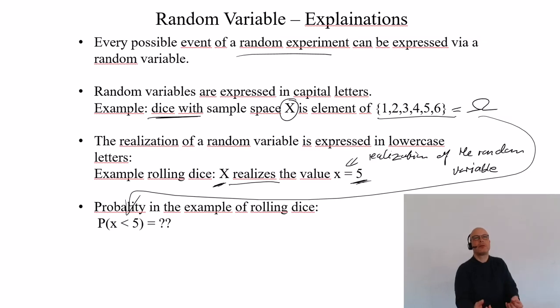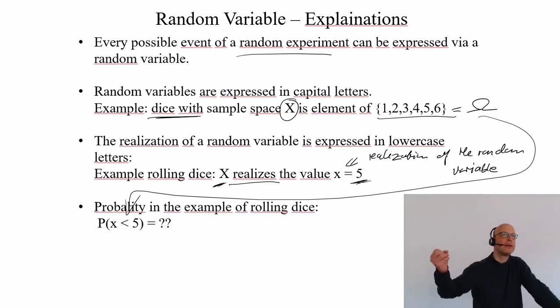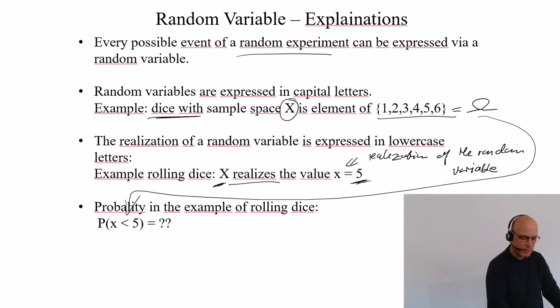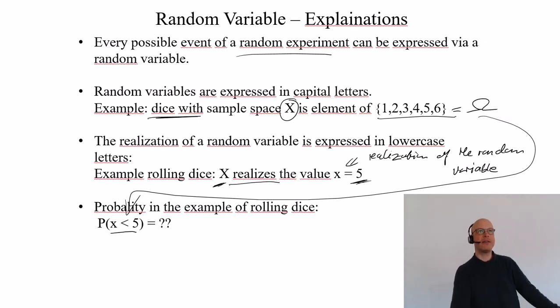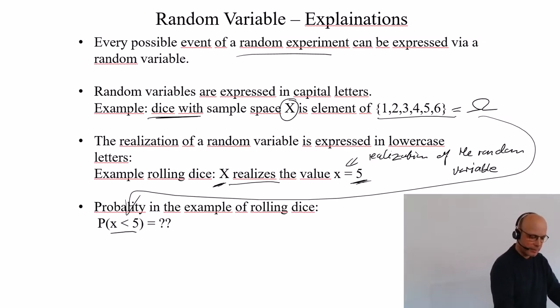But we can, of course, also say that we are interested in the event that throwing a dice shows a number smaller than 5. And then we ask for our mapping, what is the probability that our dice shows a number smaller than 5?